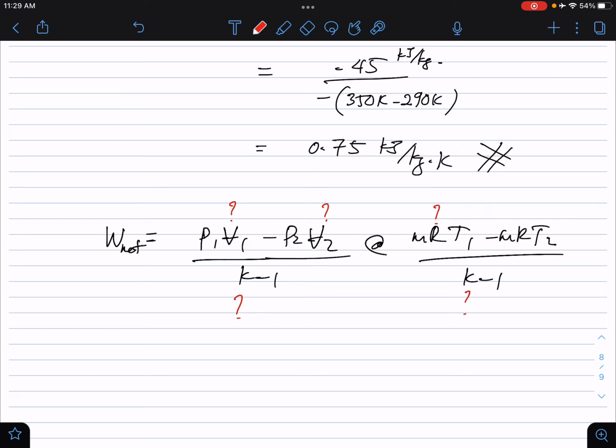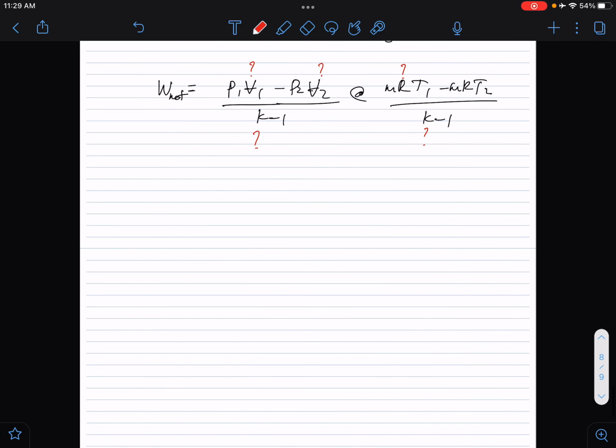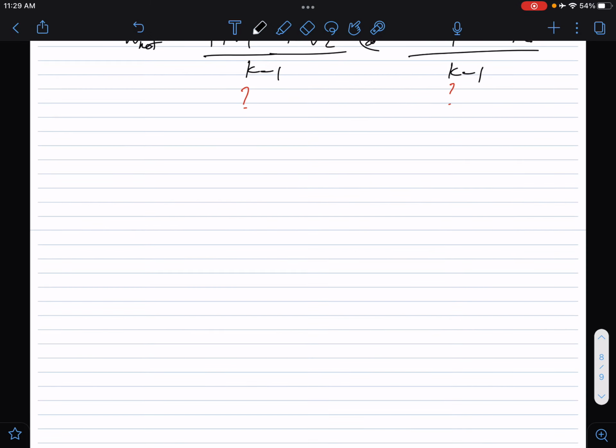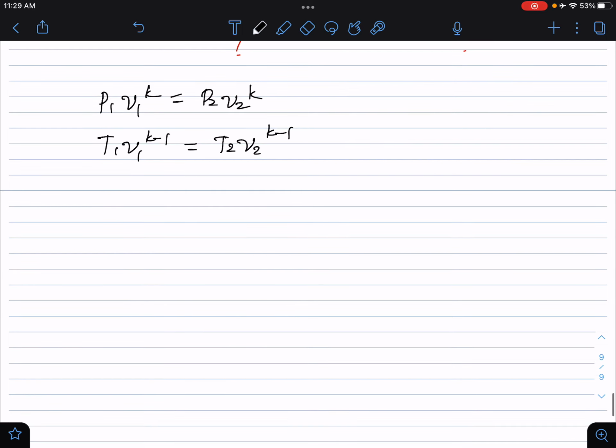Since this does not help, most of the time when we deal with adiabatic problems, we need to use the adiabatic equations: either P1 V1 to the power of k equal to P2 V2 to the power of k, or T1 V1 to the power of k minus 1 equal to T2 V2 to the power of k minus 1, or T2 over T1 equal to (P2 over P1) to the power of (k minus 1) over k.